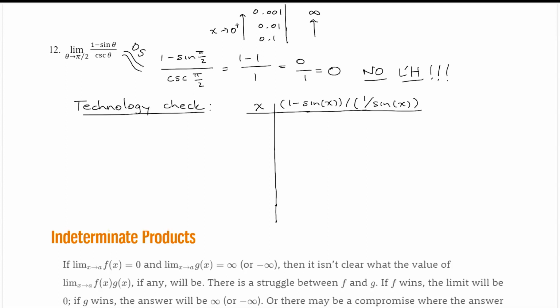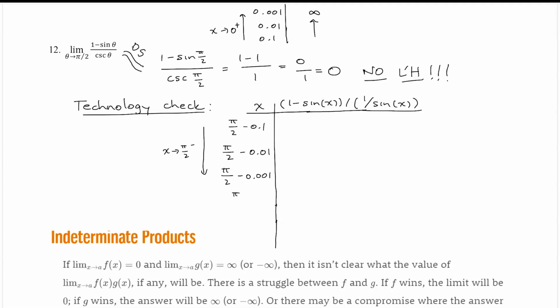Now, I also want to give you another option for x approaching pi over 2. Again, here it doesn't say specifically from one side or the other, so we have to let x approach pi over 2 from the right and the left. One way you could do that is when you're in the table, you could say, okay, pi over 2 minus 0.1, pi over 2 minus 0.01, pi over 2 minus 0.001.